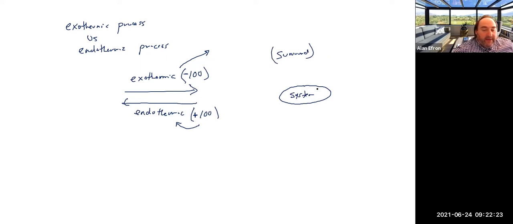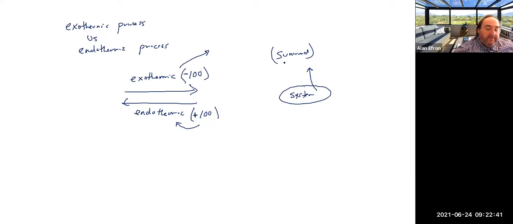And there's this perfect idea of exchange of energy, which means if something gives off energy, something else will gain the exact same amount of energy, but it's labeled differently in terms of its sign.